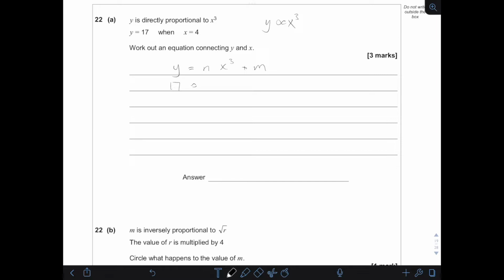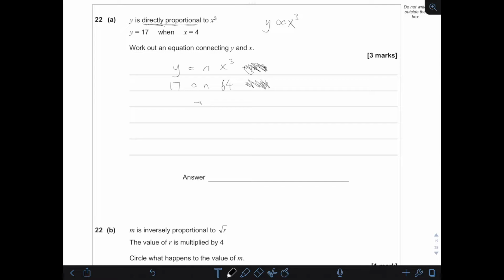is 16 times 4 is 64, and plus m. Hang on, no, there isn't an m here because it's directly proportional, which means that it's just that.